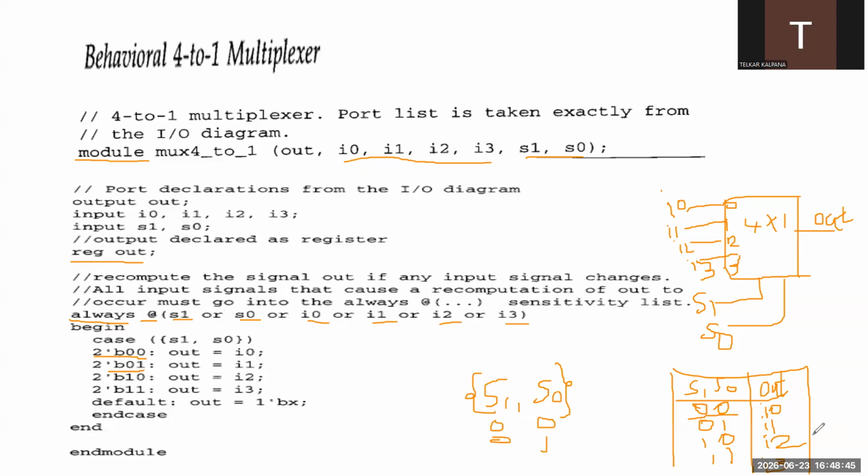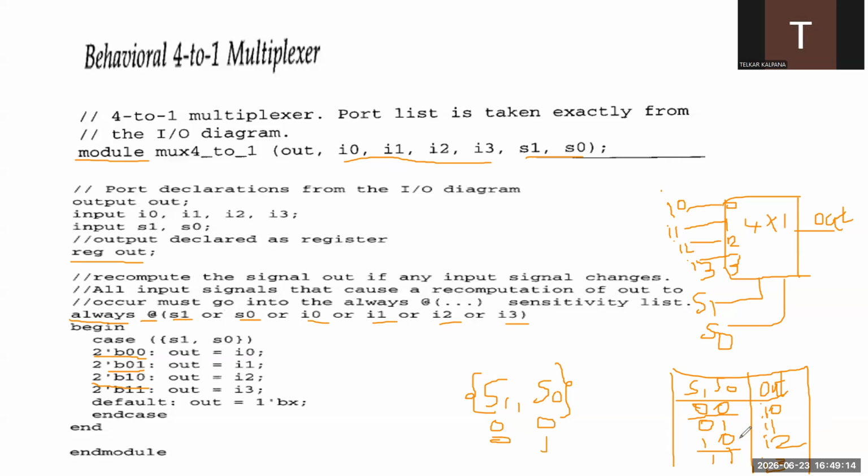Thereby, when the selector input is 0 1, I1 will be assigned to out. If the expression takes the value 1 0, it matches this choice 1 0, whose decimal equivalent is 2.